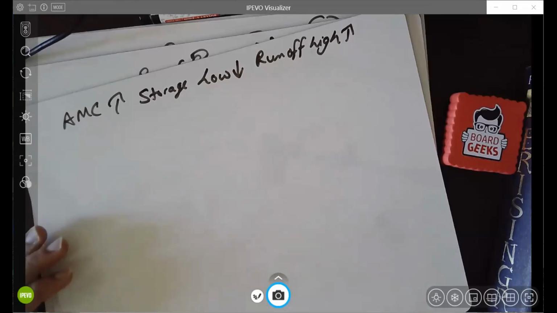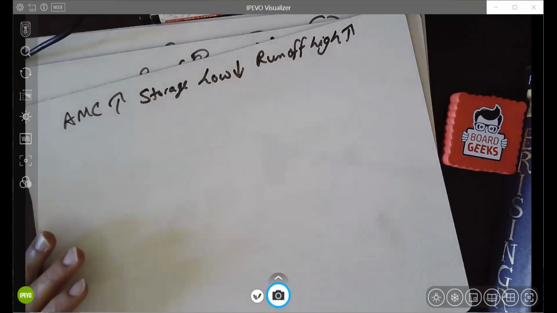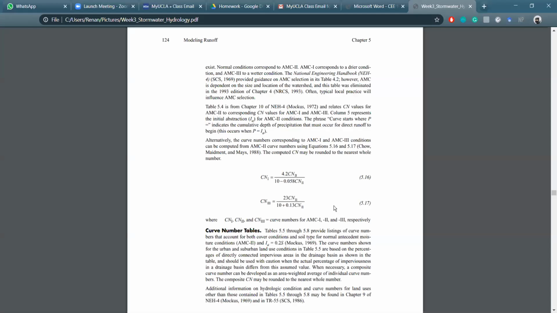Okay, and if you see in the equation, numerator, denominator, CN will be higher. Okay, right. So if we got this, let's try solving.